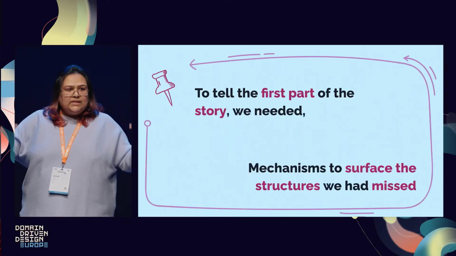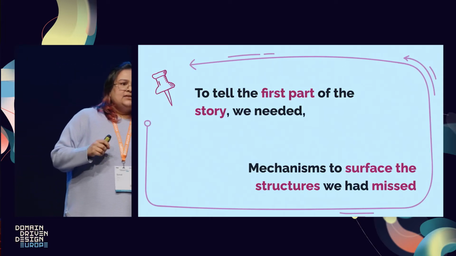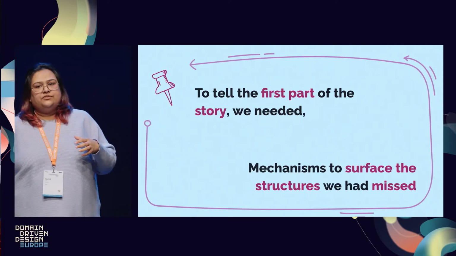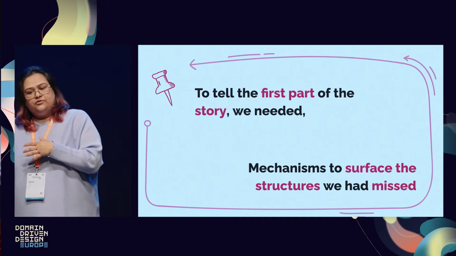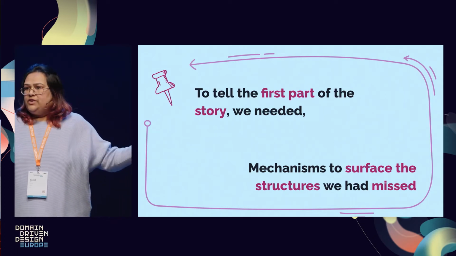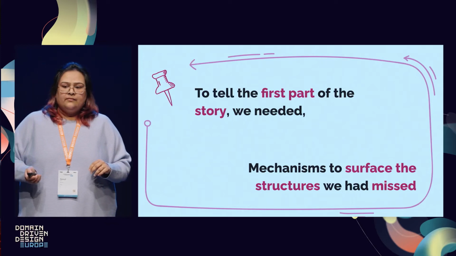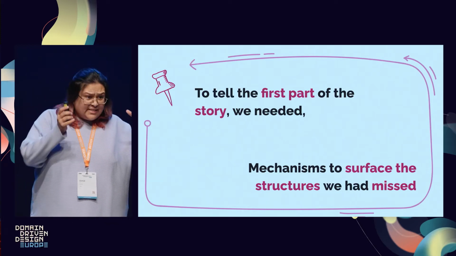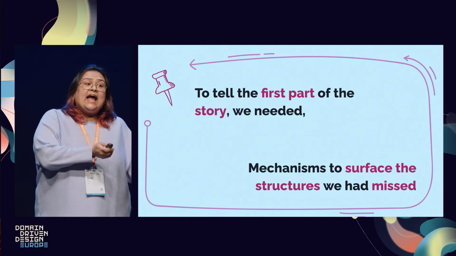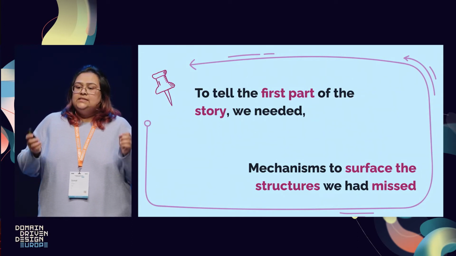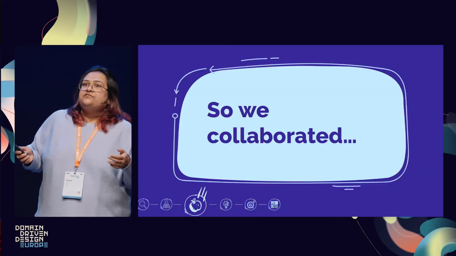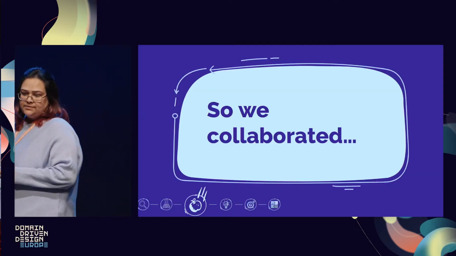But with the lens that we had, regardless of how we tell the story, we're really only telling the second part of the full story. And we're not telling the full story. So to tell the full story and to tell the first part of the story, what we really needed were mechanisms to surface the structures that we had missed.